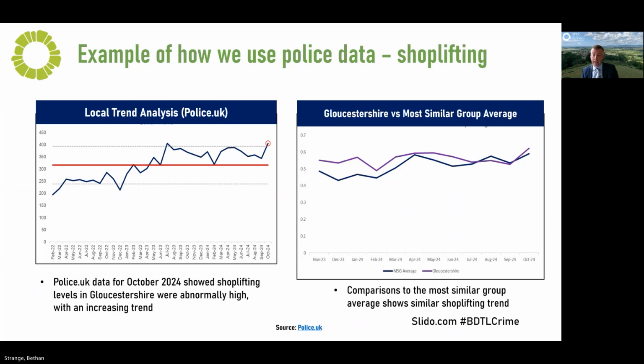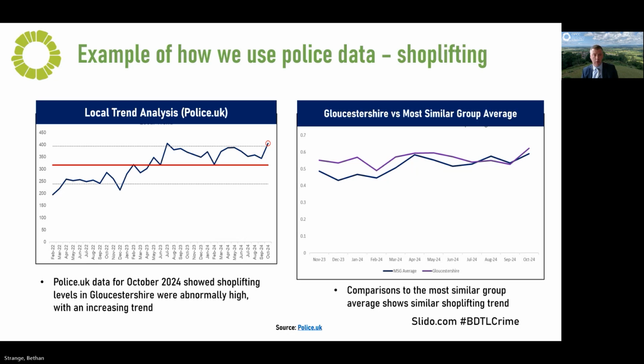We dipped down slightly in August last year, but now we have peaked back up again. So it shows a similar trend to the local trend analysis. That would indicate to me that that's something that we would definitely want to be looking at and digging into a little bit more.